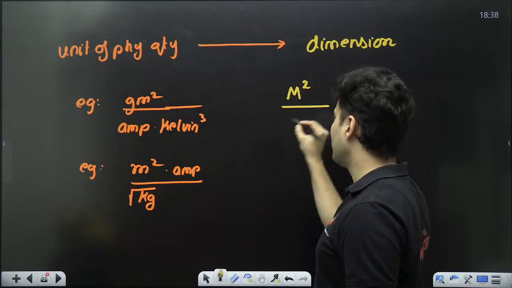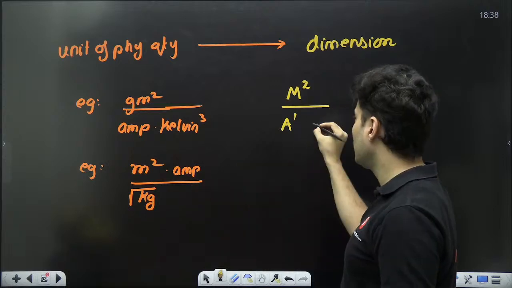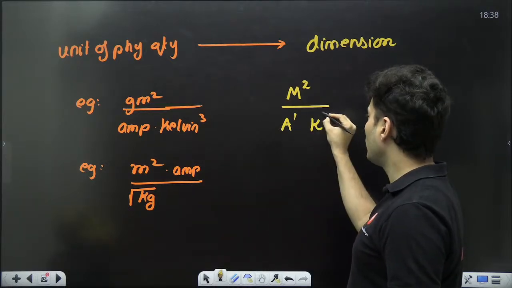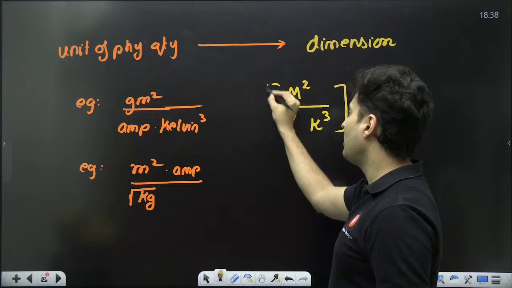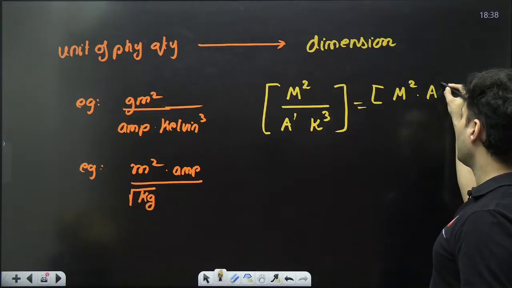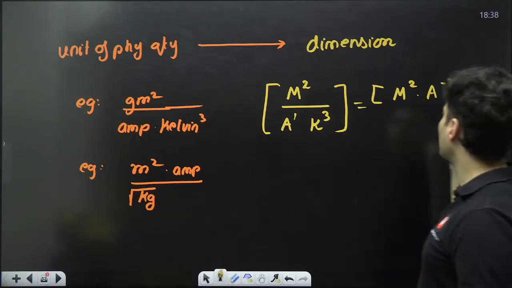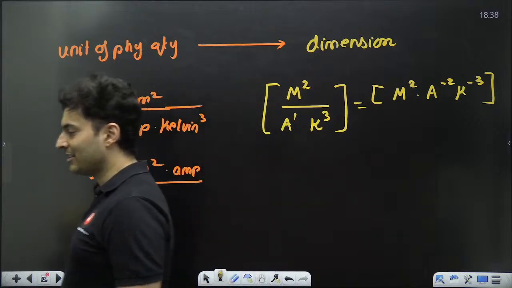Ampere is current, so it is current raised to 1. Kelvin is temperature. Temperature symbol is K, so raised to 3. So the dimensional formula will be m raised to 2 into ampere raised to minus 2 and Kelvin raised to minus 3. M square A raised to minus 2, K raised to minus 3.